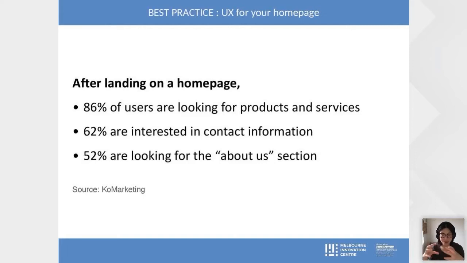So based on this, you can see the priorities that a lot of users may be looking for when they're coming to your website. But keep in mind that this may be really different for your business. So it's good to understand exactly what your users are coming to your page for. These are just generic figures, but it's just good to keep in mind as well.